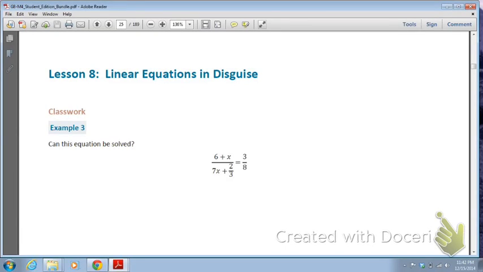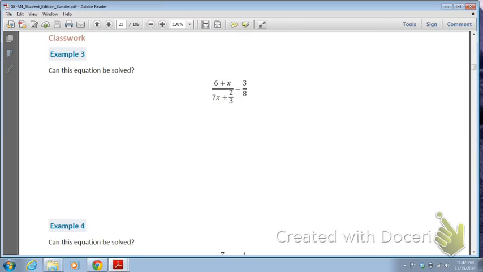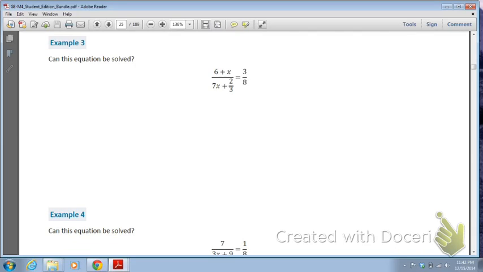Okay, so this is example 3 in your notes for lesson 8. Can this equation be solved? 6 plus x over 7x plus 2/3 is equal to 3/8. Well, if you think about this in terms of just writing the cross products, then you can see that it probably can be solved, because we can write the cross products as a new equation.